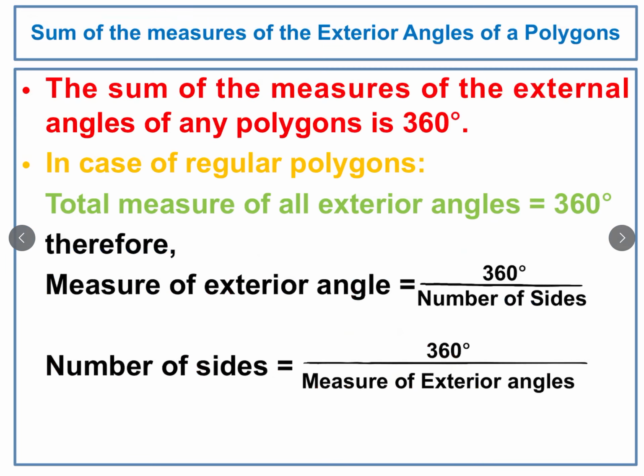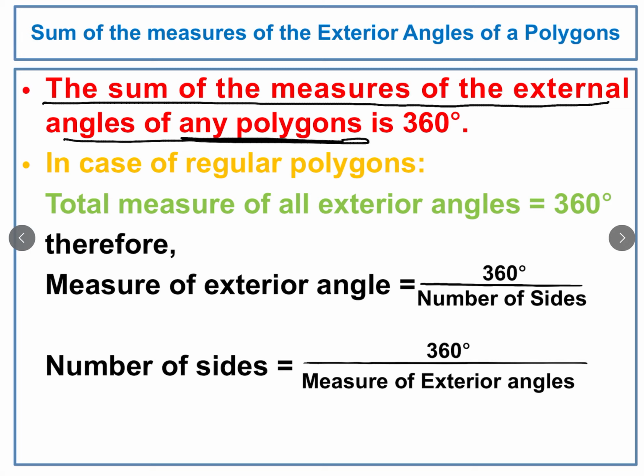So we have this: the sum of the measures of the external angles of any polygon. Any polygon means irrespective of the number of sides that polygon has. Whether it's a triangle, quadrilateral, pentagon, hexagon, heptagon, or any other polygon with any number of sides, the sum of the measures of its exterior angles is always 360 degrees.